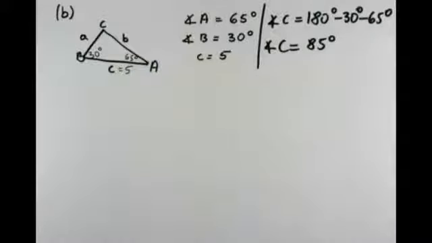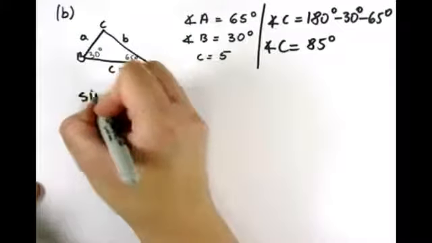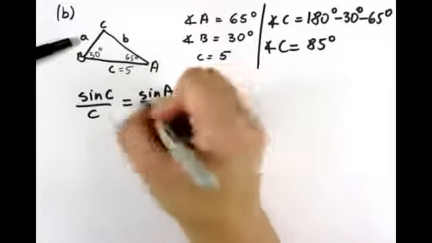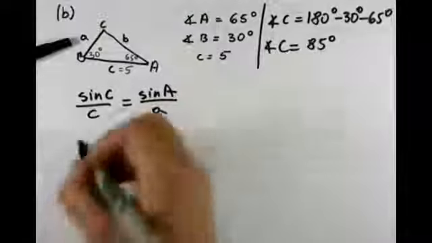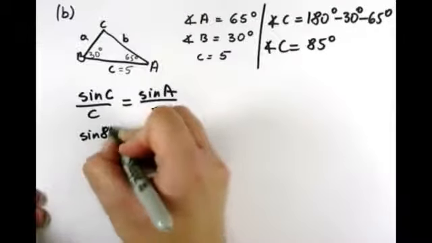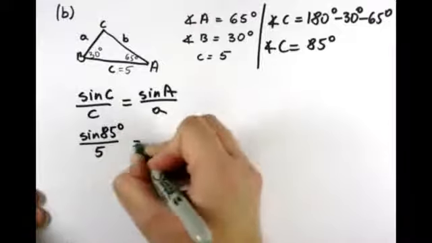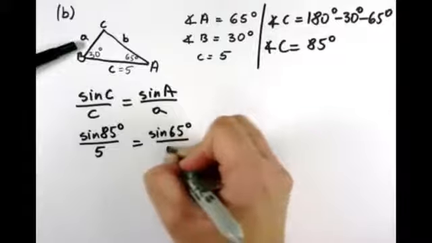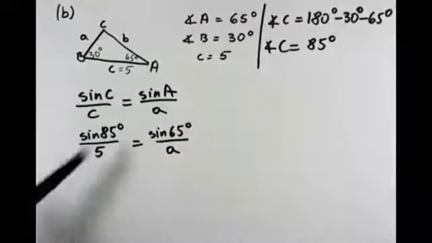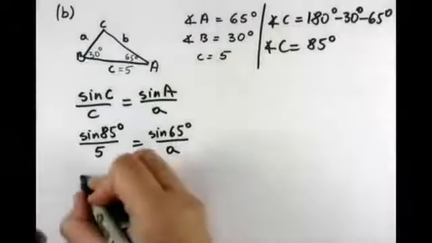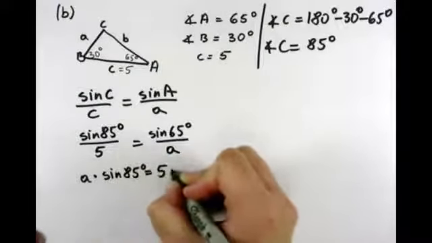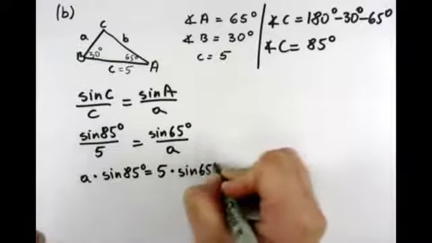Okay, so now we can use the sine law ratio. We can go with sine C over C is equal to sine A over A. Sine 85 degrees over 5 is equal to sine 65 degrees over A. We can cross multiply this: A times sine 85 is equal to 5 times sine 65.